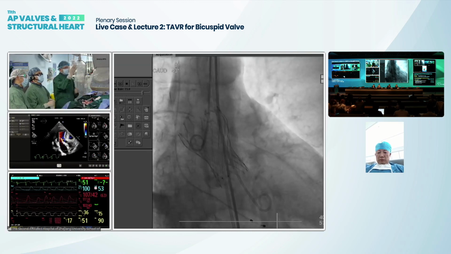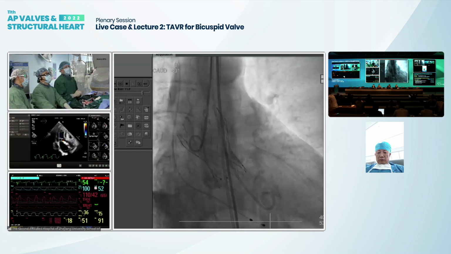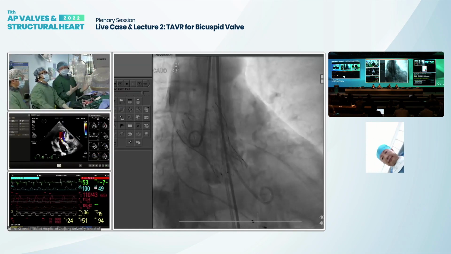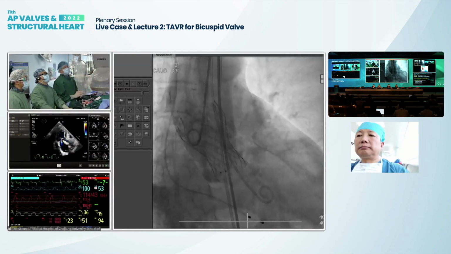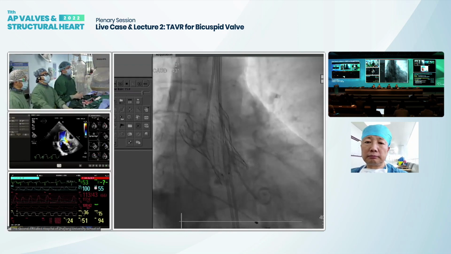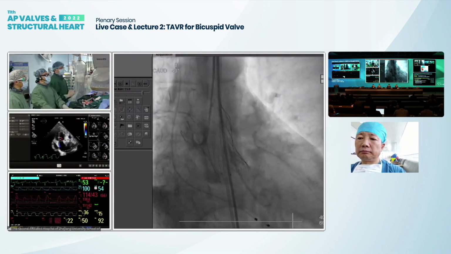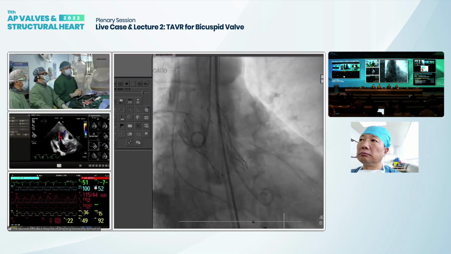You can see the hemodynamic screen now. So you can see the pressure gradient is only 3, right? Yes. But before the procedure, it was 180, almost 200. So now, I think possibly this is the most optimal result for this kind of challenging case.